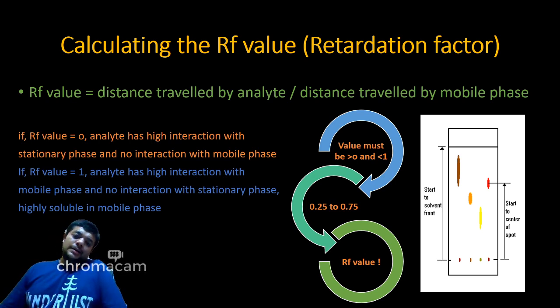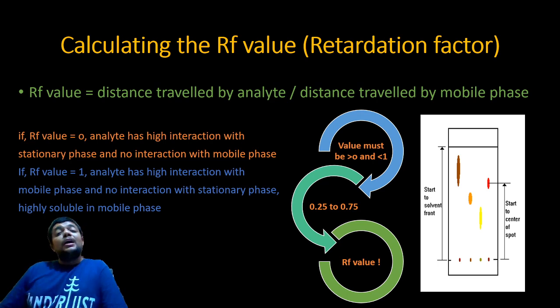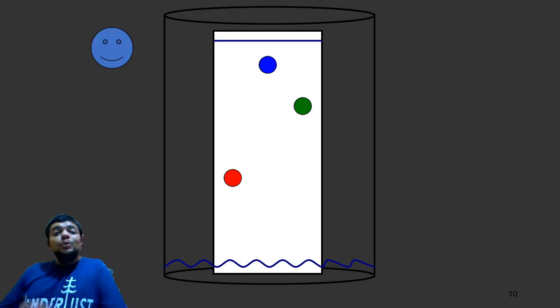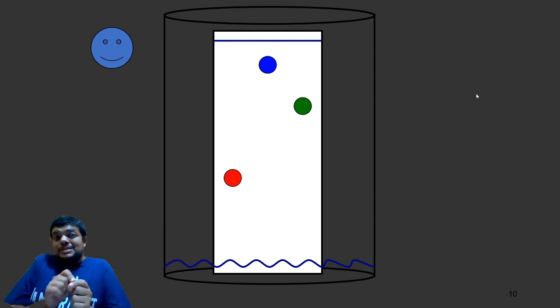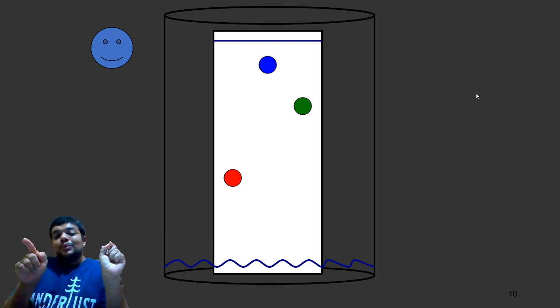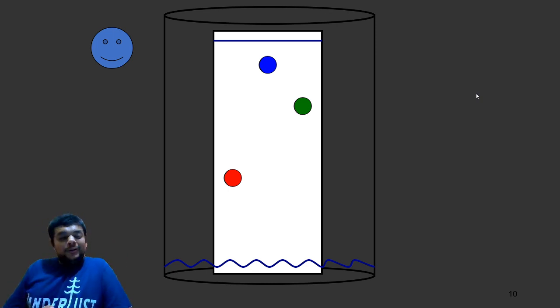Friends, over here comes a very important point, and that important point is the retardation factor. There were two things, retention time and retardation factor. Retention time is the time a sample requires to pass from one end of the column to the other end, which we already know.